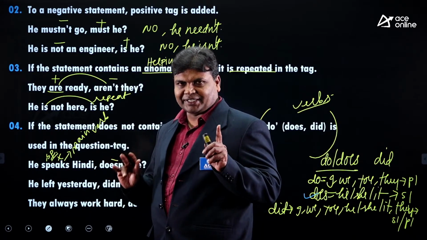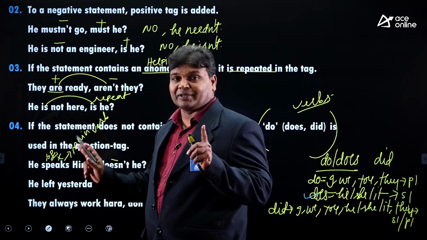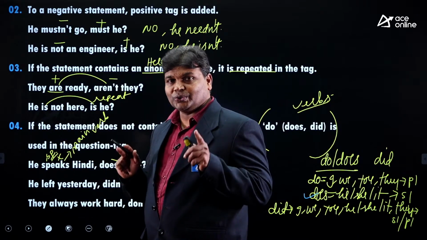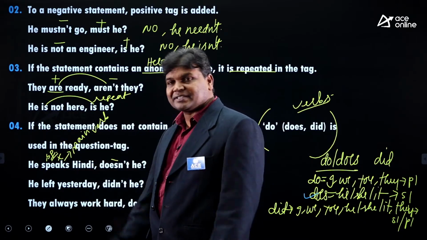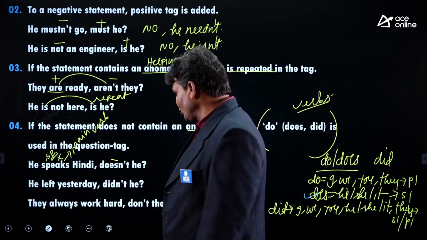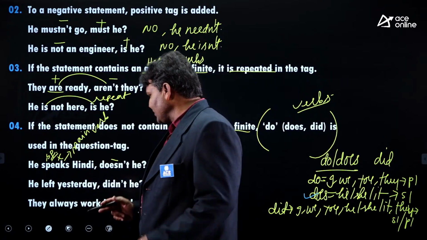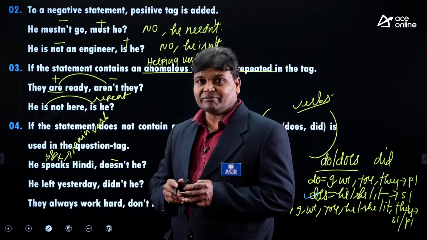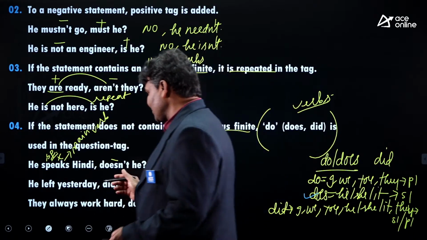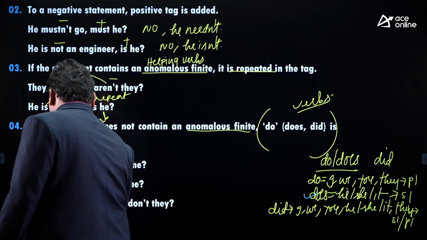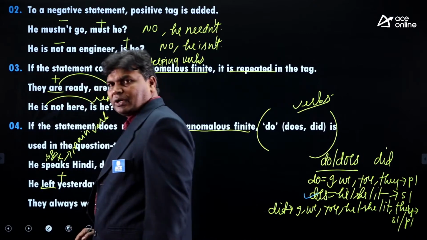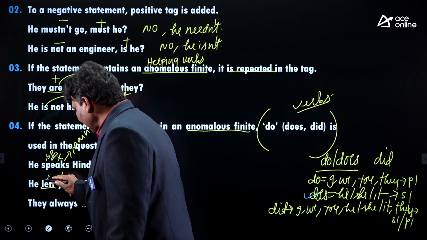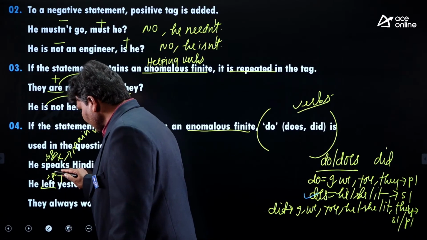Be careful. If there is no helping verb, borrow do, does, did, and the tense remains unchanged. He left yesterday. Leave, left. The sentence is positive, no doubt. But left is what now? Past tense. Simple past.